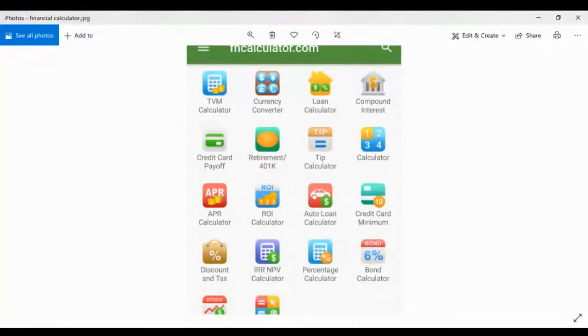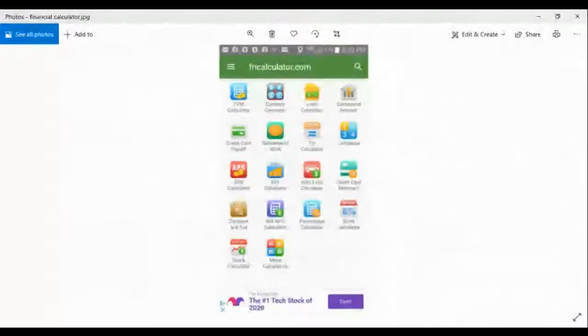If you ever want a financial calculator app on your phone, I recommend this one.